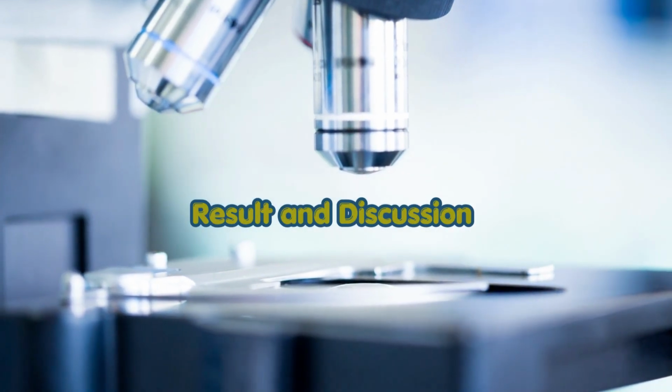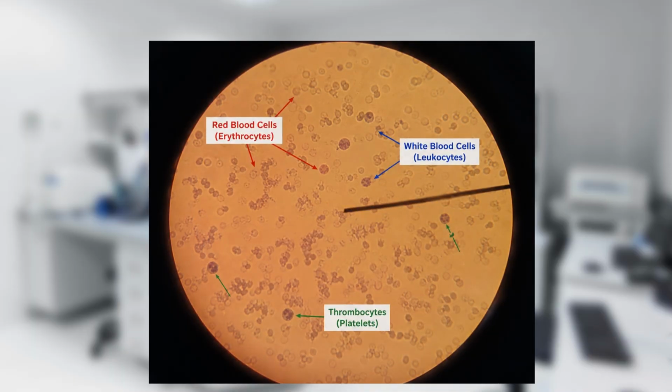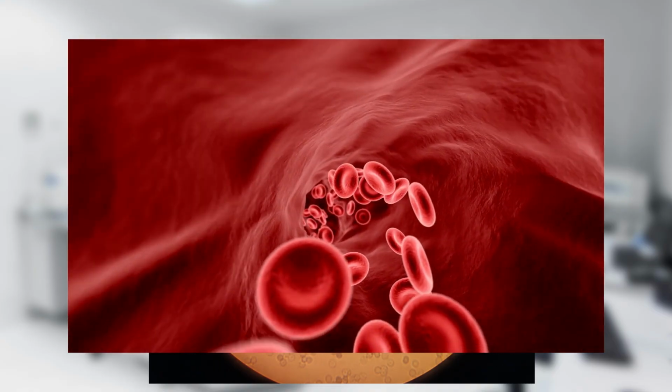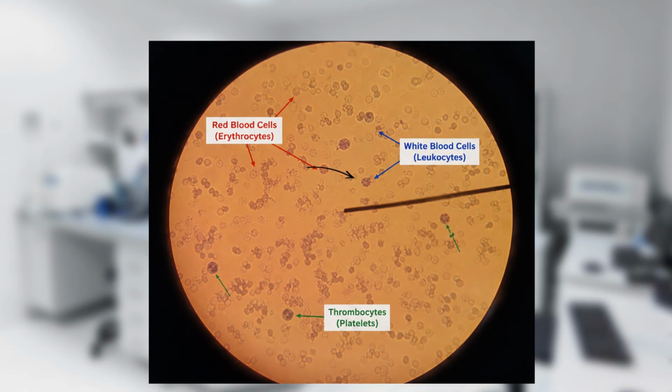Result and discussion. Based on the provided microscope image, 3 main types of blood cells can be observed in the red tilapia blood smear. Red blood cells, erythrocytes, are the most abundant cells observed. They appear as numerous small, oval or rounded cells distributed throughout the smear and are responsible for transporting oxygen. White blood cells, leukocytes, are fewer in number and appear larger and darker than the red blood cells.